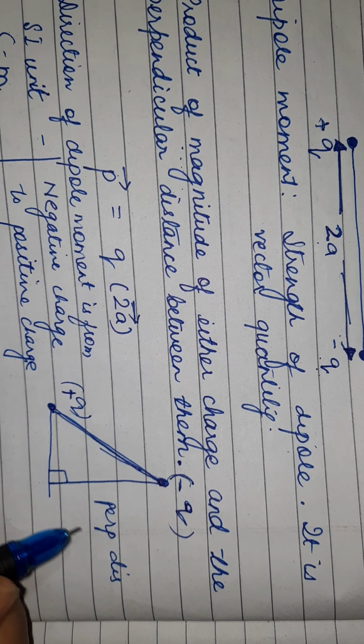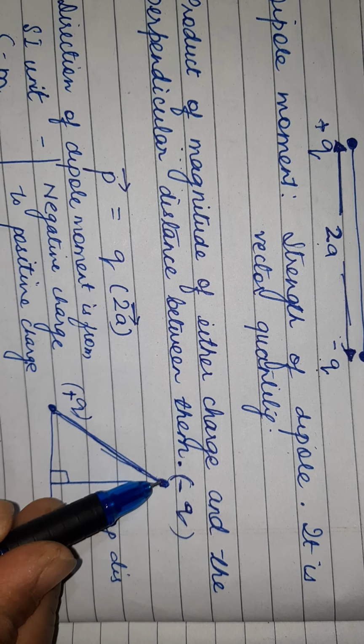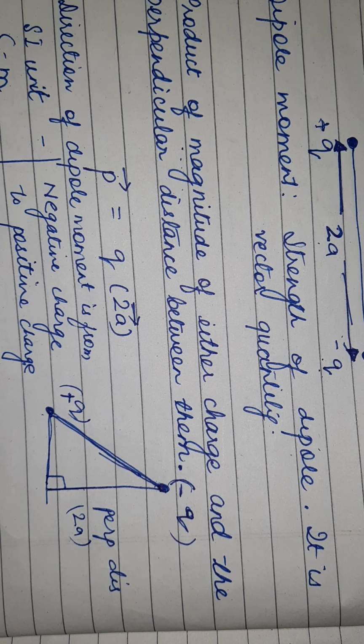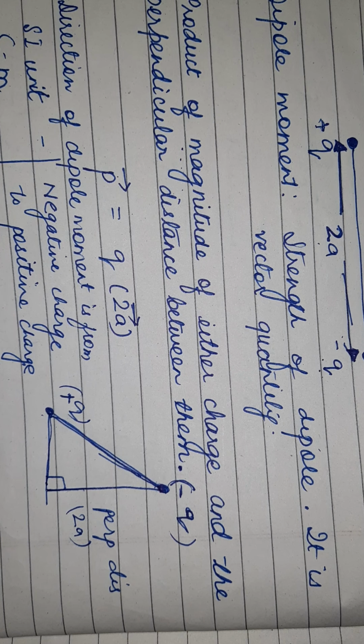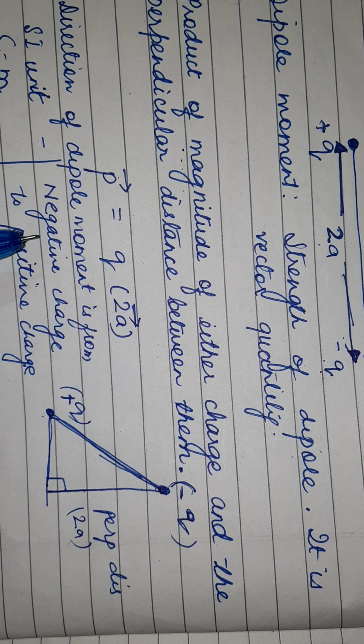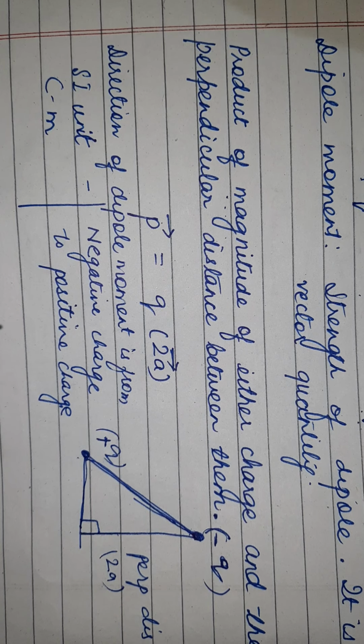This is the perpendicular distance between these two charges. Now, the direction of dipole moment is from negative to positive charge. The SI unit is coulomb meter.